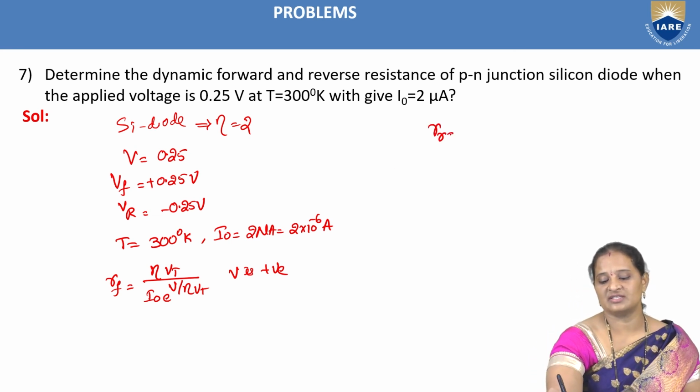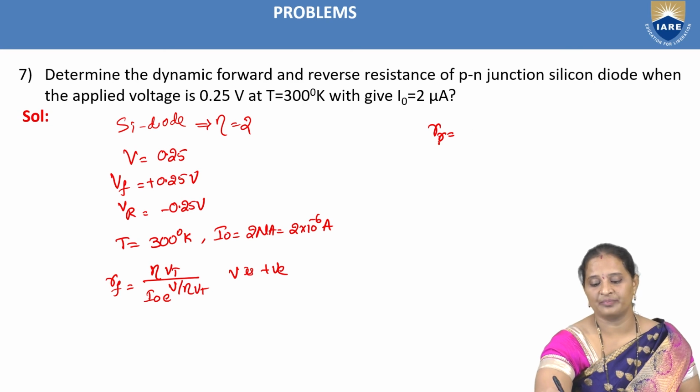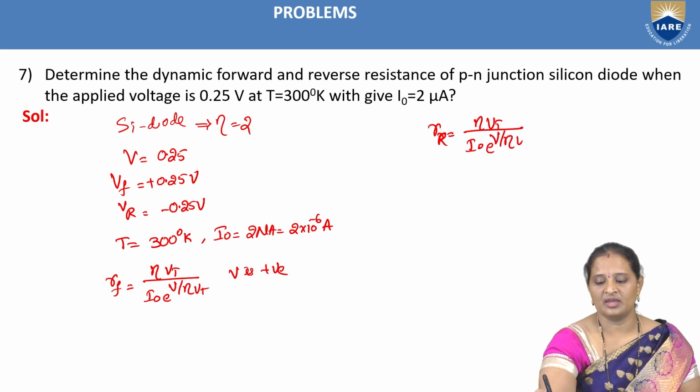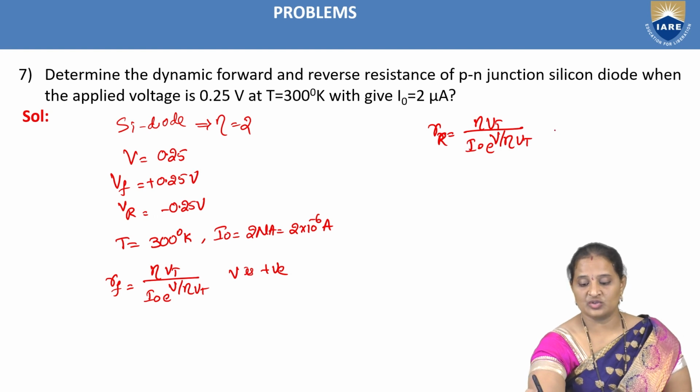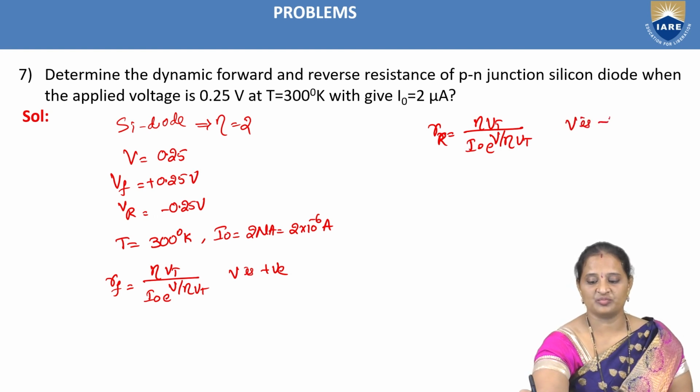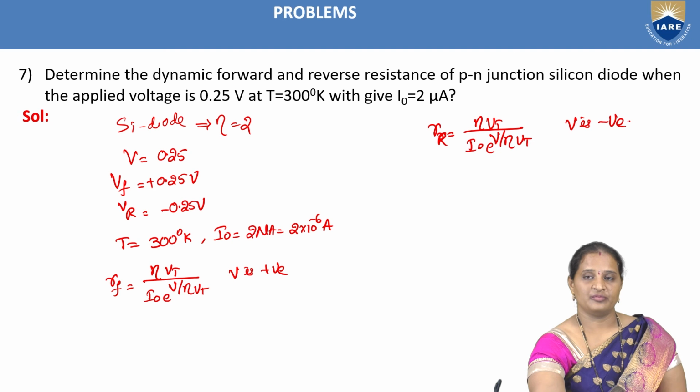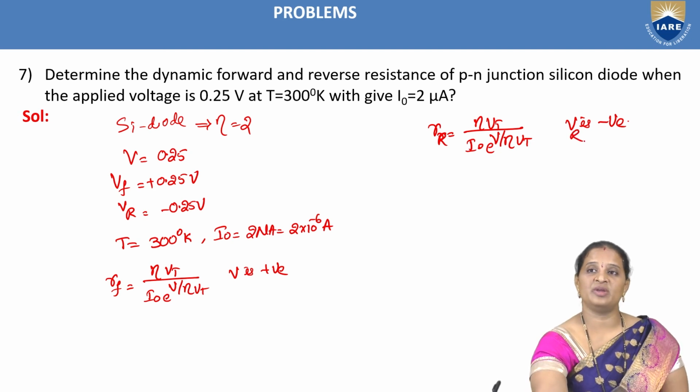And dynamic reverse resistance small rr, again the same formula, eta Vt divided by I naught into e power V by eta into Vt, where V is considered to be negative. That is VR is considered to be negative.